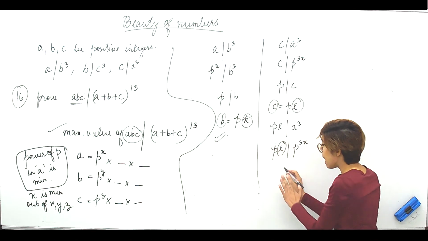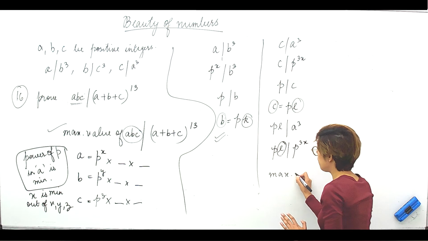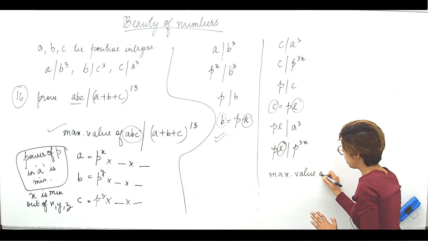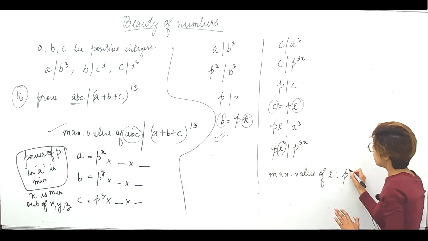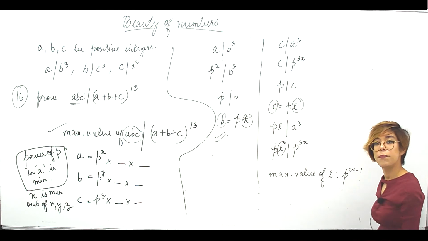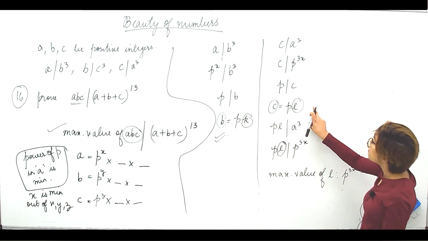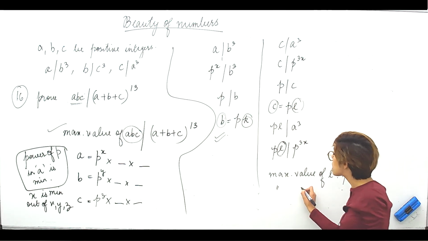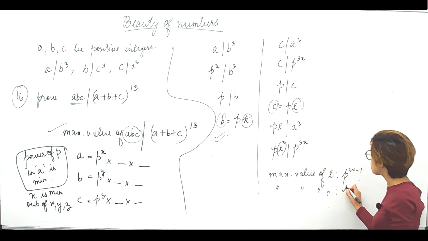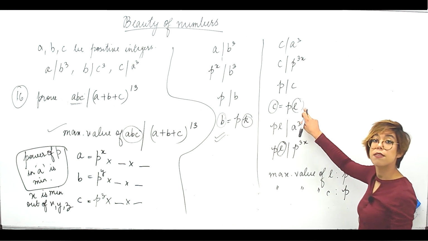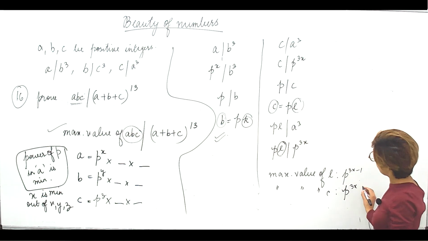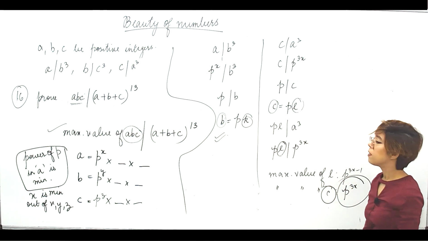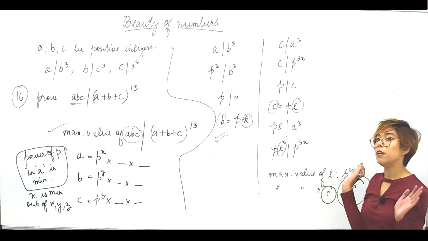So that means the maximum value of L should be P raised power 3x minus 1, right? So that means P into P raised power 3x minus 1, that will give me the maximum value of C, which is P raised power 3x. Done? मुझे C की maximum value मिल गई.